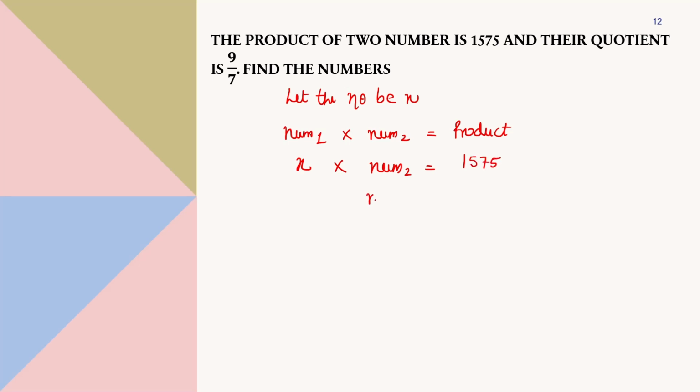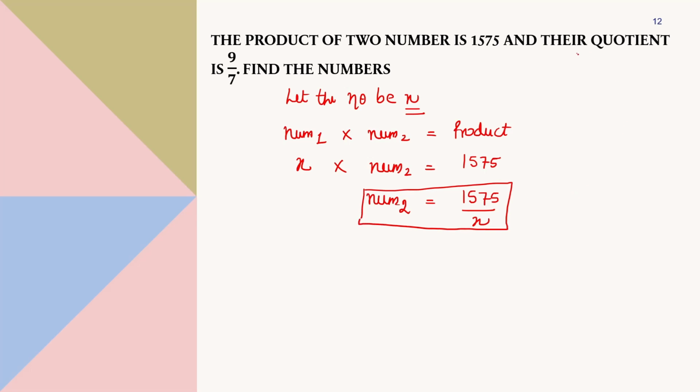So you can convert your second number into the first number's form. So my one number is x, the other number is 1575 divided by x.